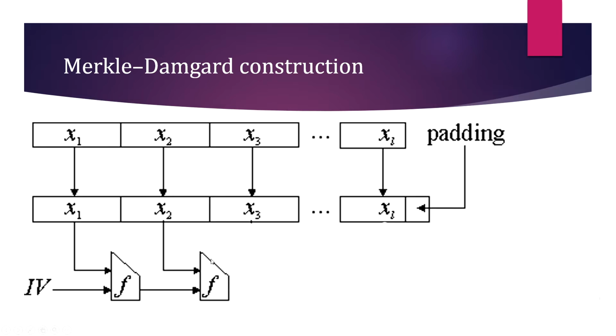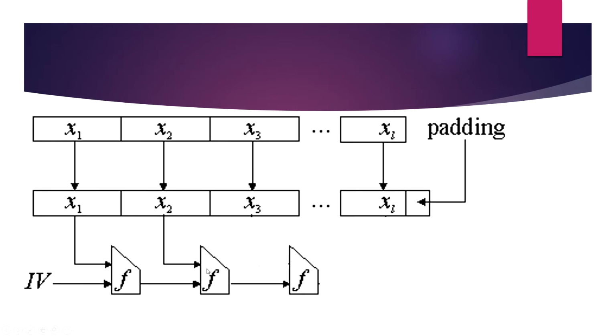In the next function, it has already taken the previous hashed value of x1, and then it also takes the block value x2, hashes x2 and combines it with the previous hashing value of x1. Then likewise it goes to the next function.